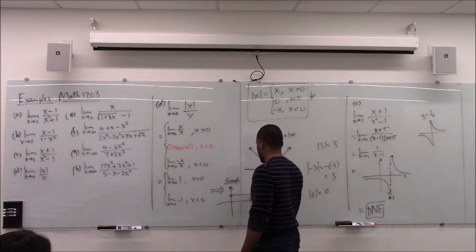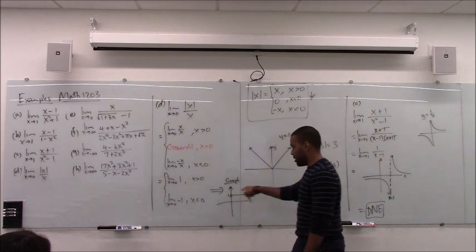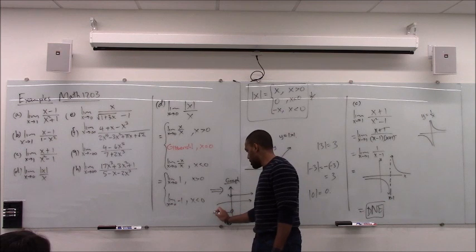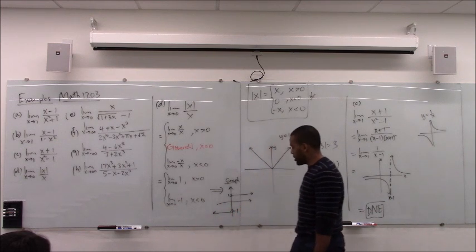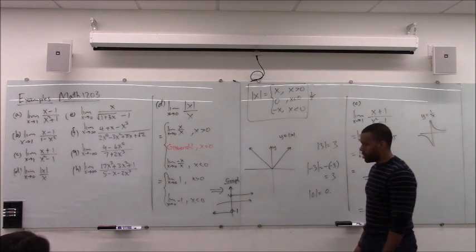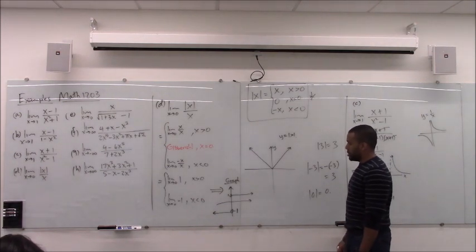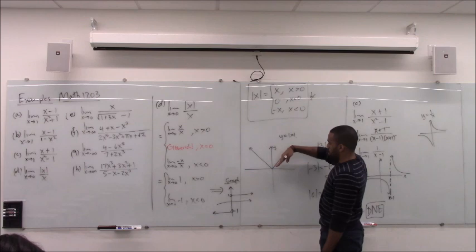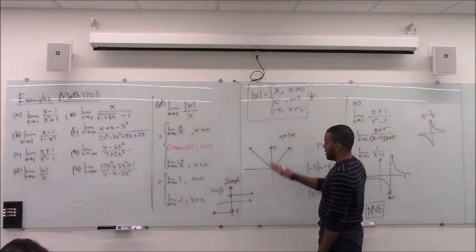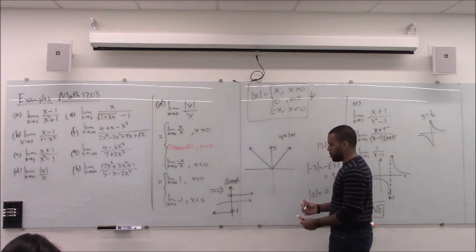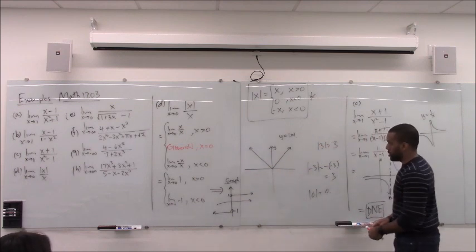It's a horizontal line at 1 on the right side, and a horizontal line at -1 on the left side, with holes where x equals 0. This part gets divided by x, so it becomes horizontal. This part gets divided by x, but it's a negative number, so it flips and is horizontal.